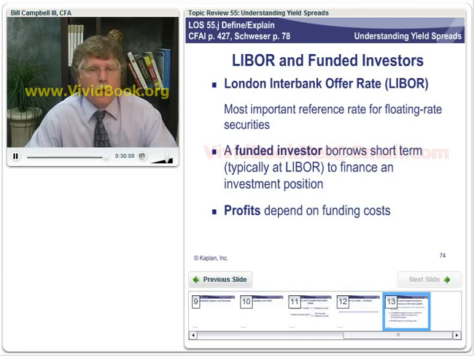If you borrowed money and then used the proceeds of that borrowing to make an investment, how do you calculate what the return is on the dollars that you contributed? This is the sort of thing that a funded investor is doing. They're borrowing money, typically at LIBOR, and using that to finance an investment.